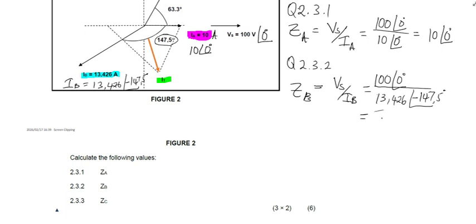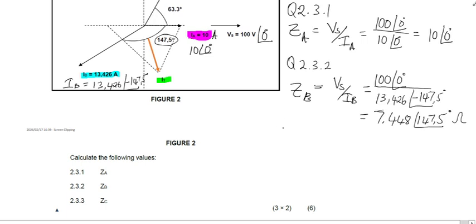This is going to give us what? An answer of, let me calculate it, 7.448 at an angle of 147.5 degrees. So that's ZB.